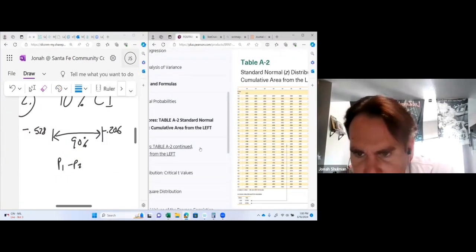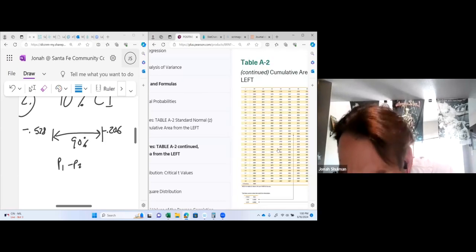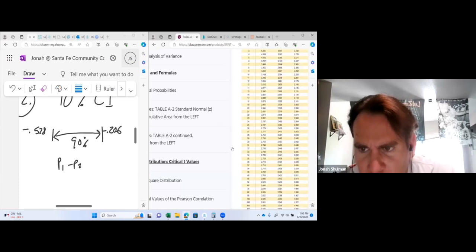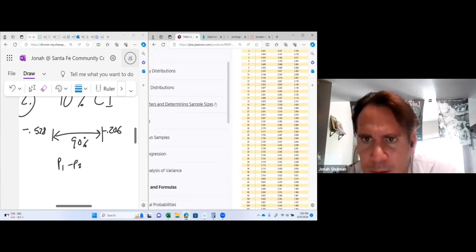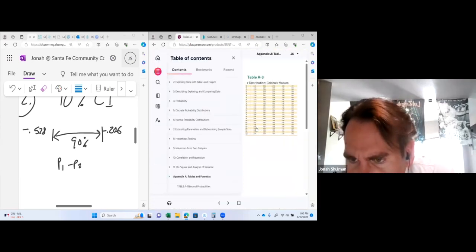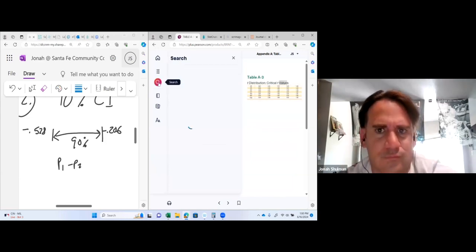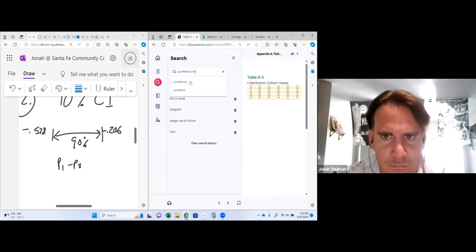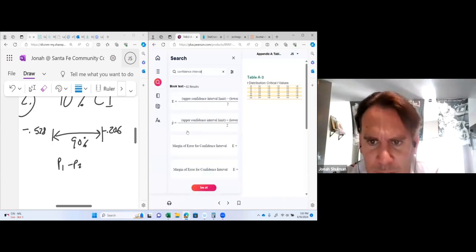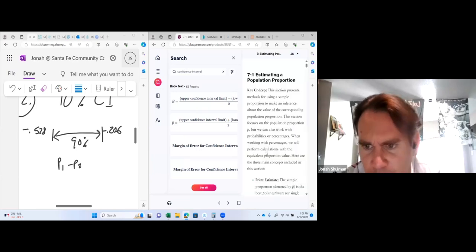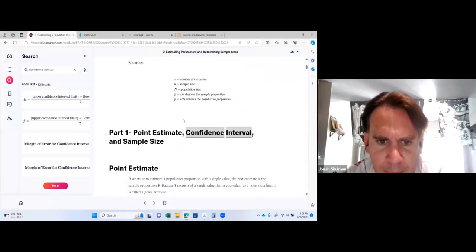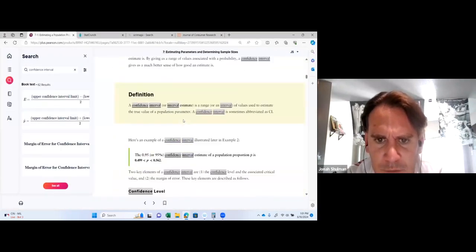Okay, is it for the t critical values? All right, so we need the table. This is how we find it by hand.